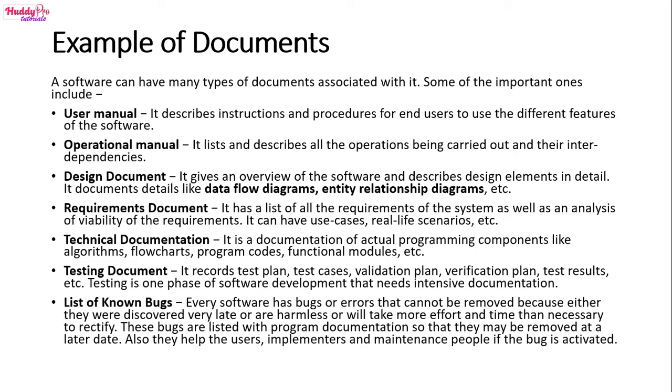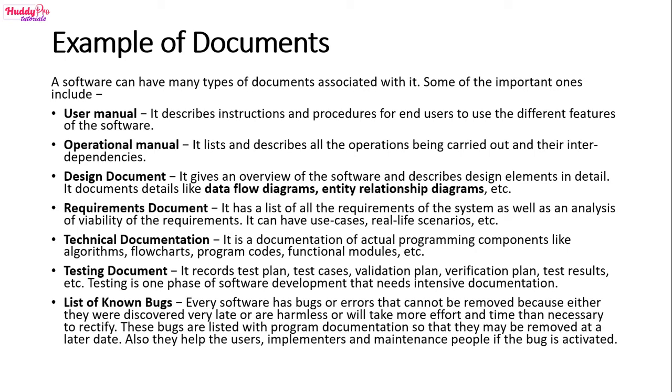Then the design document, as you would imagine, this kind of document will describe in detail the diagrams, basically the design of the software. You know, in software engineering, we have what we call the SDLC, the Software Development Life Cycle. And in the software development life cycle, we have design as part of the stages.